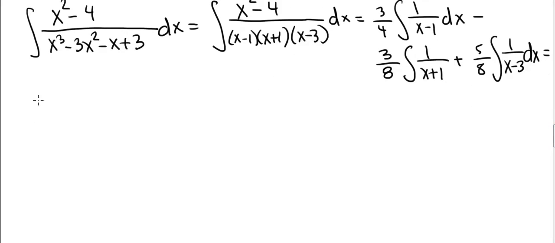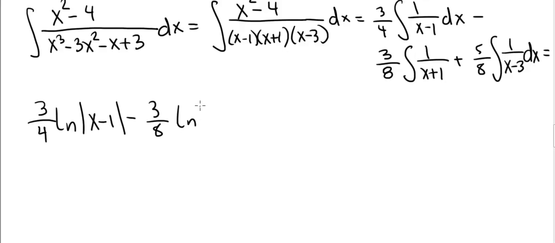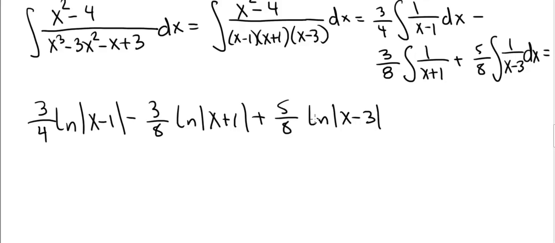So we end up with 3/4 ln|x − 1| − 3/8 ln|x + 1| + 5/8 ln|x − 3|. If we want to leave the answer as one natural log, we would have to multiply this by 1/8 times 8. That's just a form of 1.